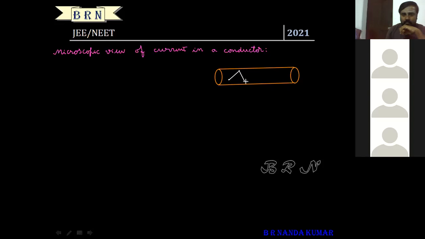Listen slowly and understand. They move randomly with a thermal speed, that is of order 10 power 5 meter per second to 10 power 6 meter per second. So this is the order of thermal speed of electrons in a conductor.